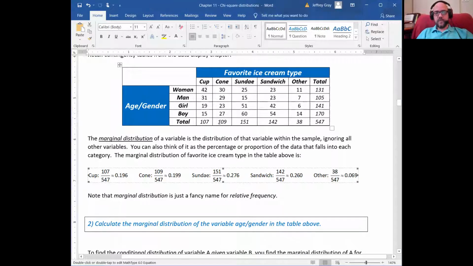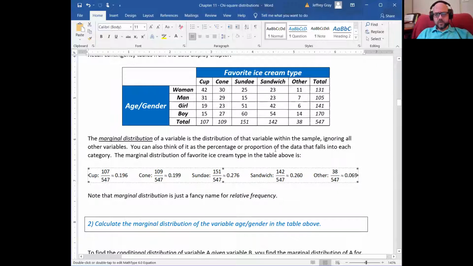Let me back up a second. If all 4 of these strata have the same population marginal distribution of favorite ice cream type, then the best estimate of that is this, right? Rather than just looking at the women, I would like to compare the women to the overall distribution and see if it's significantly different than that. That's the basic idea here.